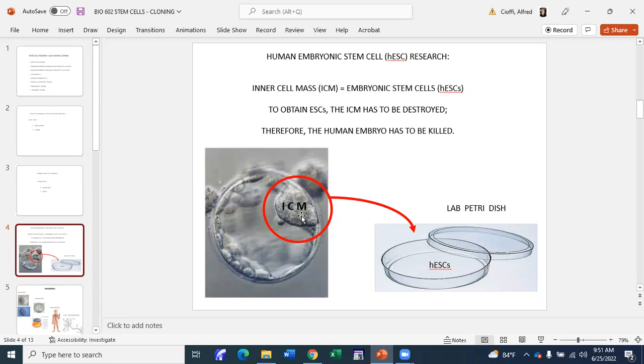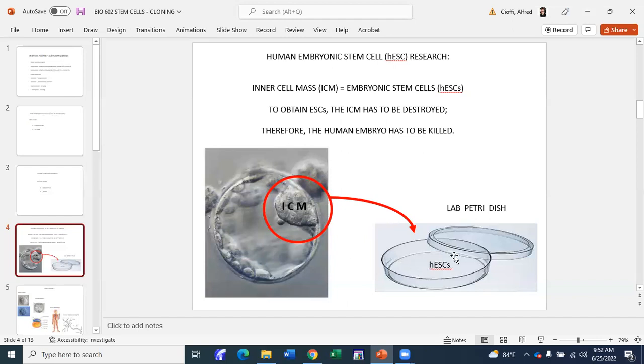The cell aggregates have to be disaggregated, compromising the blastocyst's integrity. And then the ICM is put in a Petri dish and allowed to grow in culture media that is mimicking the internal environment of the female reproductive tract, which is the natural environment of the blastocyst, right?